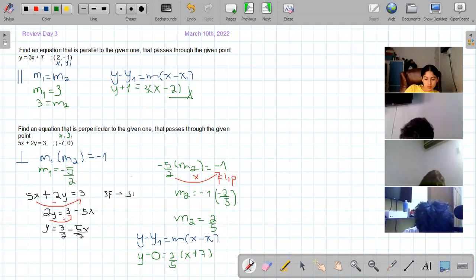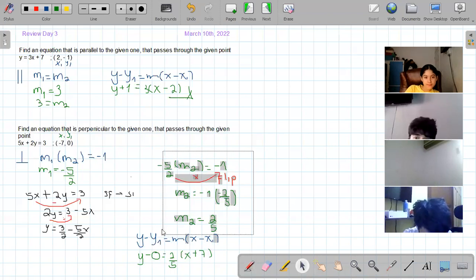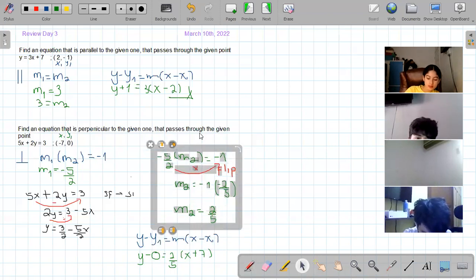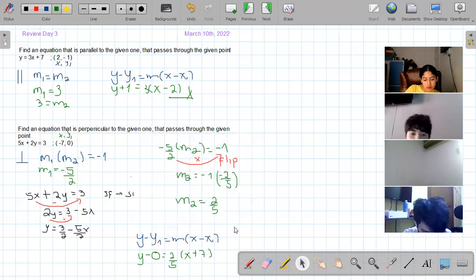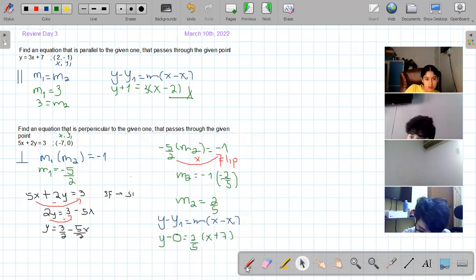Now question, do I actually need that zero that's over there? Do I really need it? Do I really need this zero that is subtracting? No, right? I don't need it. Y minus 0, it's still y. So I can say that y is equal to 2 over 5, parentheses, x plus 7. Because I don't need that 0 in there.